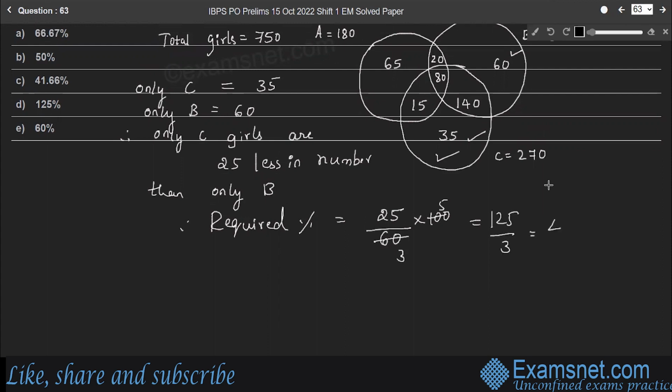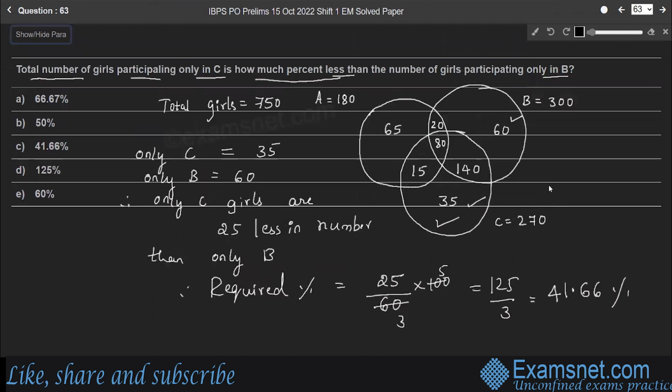Therefore, 41.66 percentage. Number of girls participated in only C are 41.66% less than girls participated only in B. Therefore, option C is the right answer.